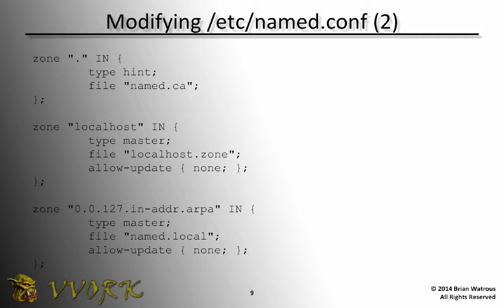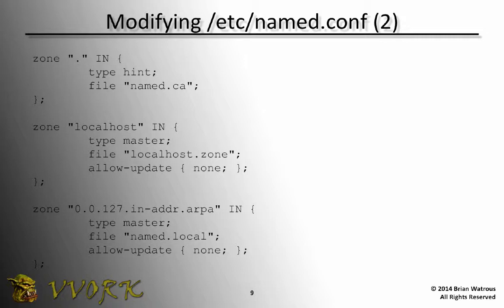And notice that the network address is in reverse order. So instead of 127.0.0, it's 0.0.127. Again, if this is your first time looking at a named.conf file, that line will look totally bizarre, and you just got to live with it, because that's the way things work in named.conf. There's actually a good reason why it works that way, but that's just the way it works.